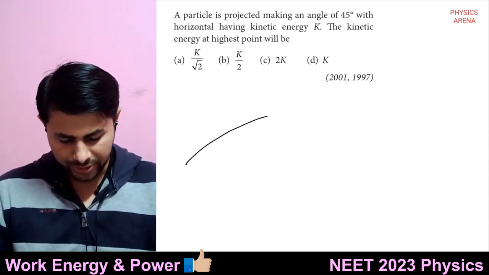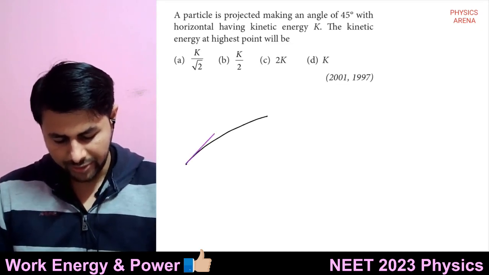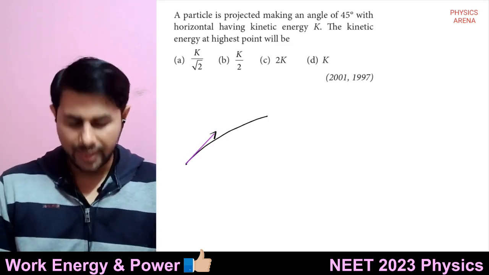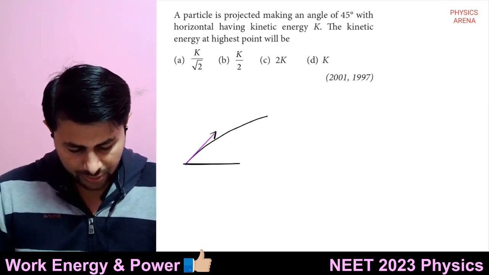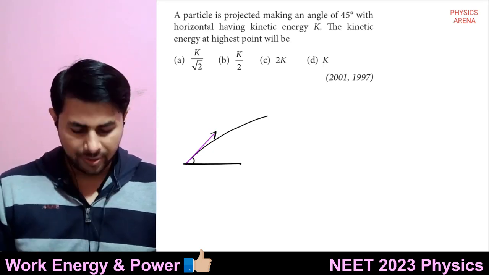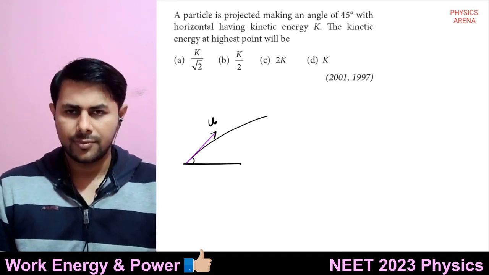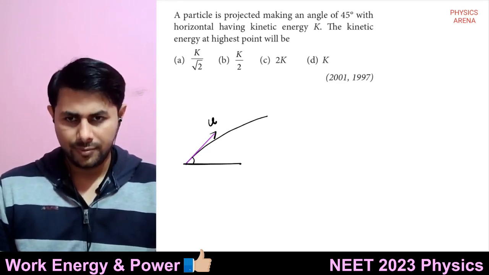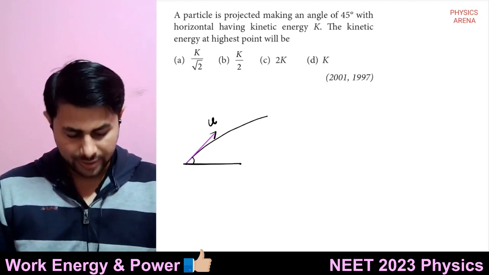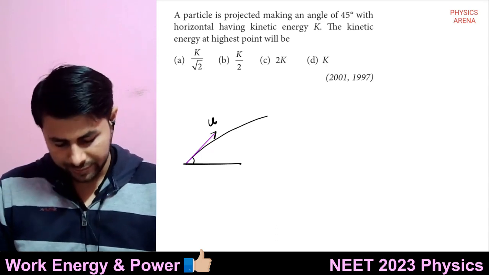So it is projected making an angle 45 degrees with the horizontal. So how much would be its x component and y component of velocity? u cos theta, u sin theta, right? For 45 degrees, cos theta and sin theta are equal.